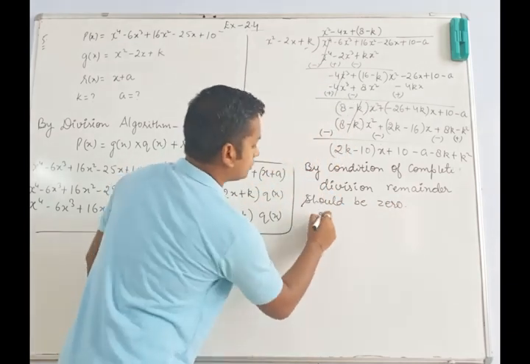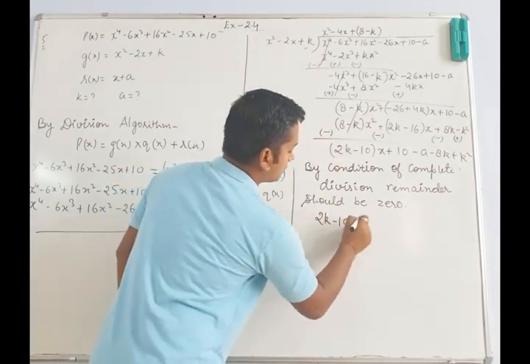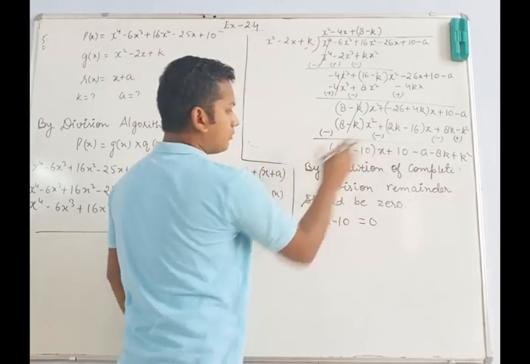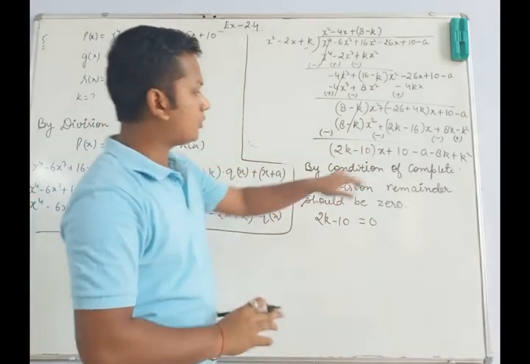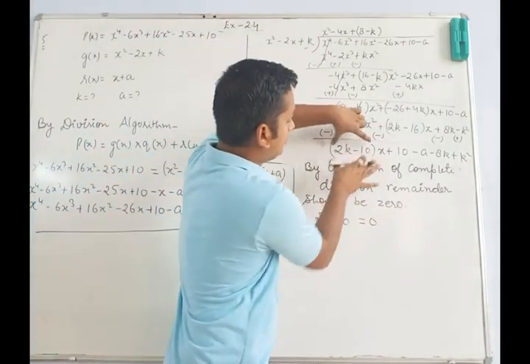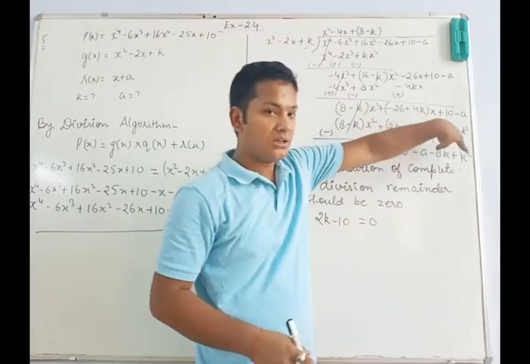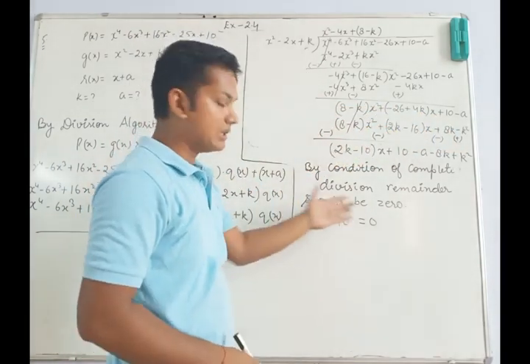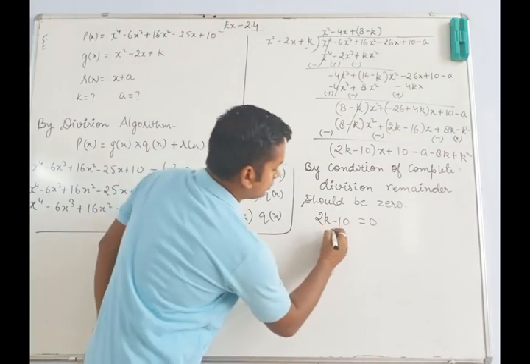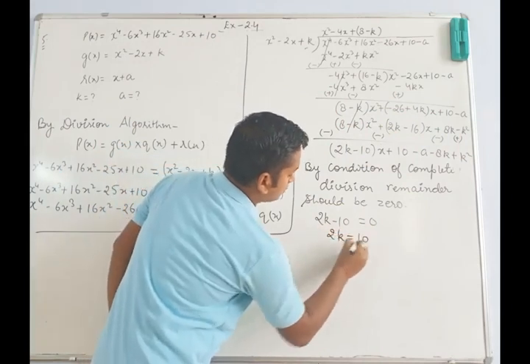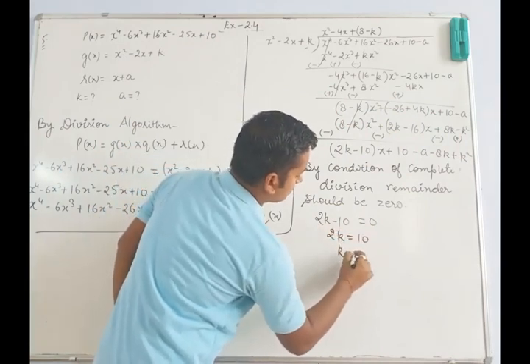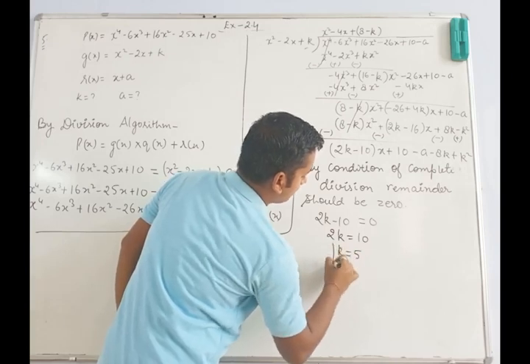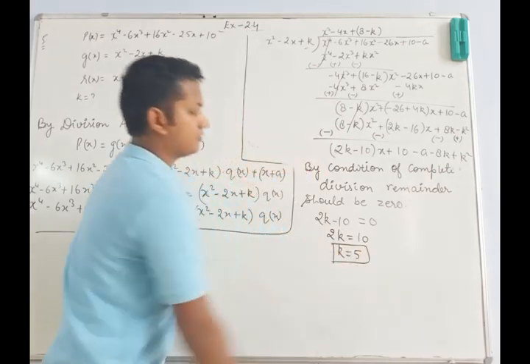So 2k minus 10 equals 0. Why are we taking them separately? Because one term is with x and another is a constant term. That is why we are solving them separately. Now 2k equals 10, so k is equal to 10 upon 2, that is 5. So we have got the value of k as 5.